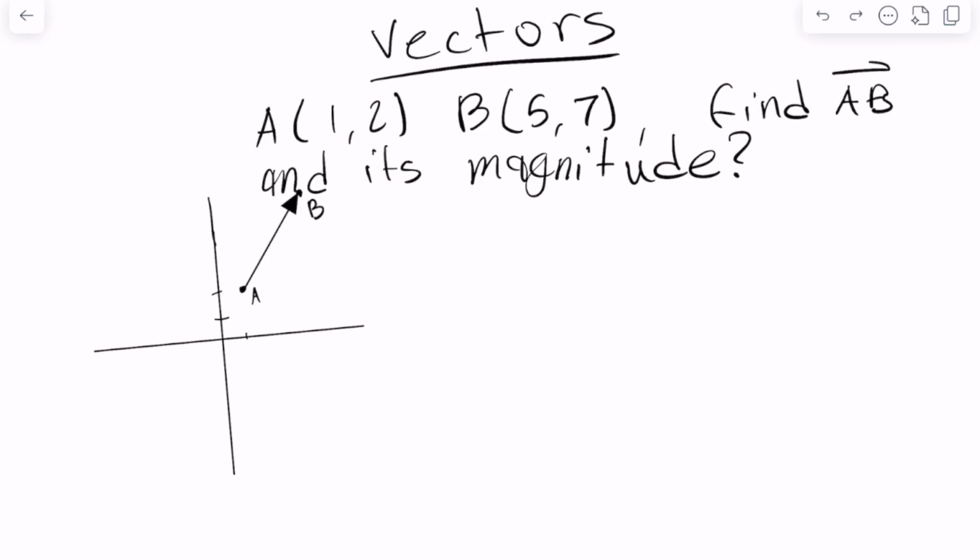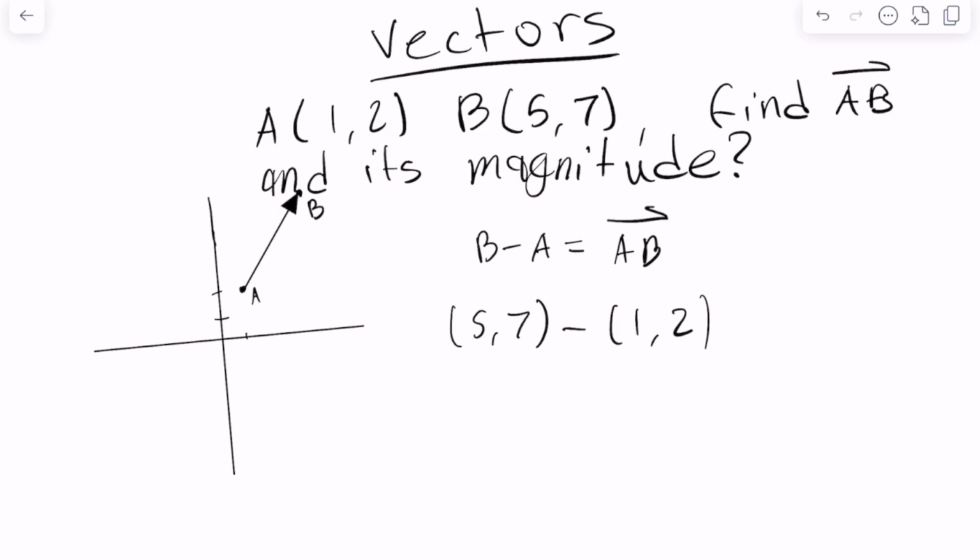So B minus A, point B minus A equals vector AB. Okay, so doing that, we're going to have 5, 7. I'm just plugging in point B minus A, which is 1, 2. Let me just show you where I'm getting these from. I'm simply plugging in point B, which is here, which then goes into the equation. And then we have A, which is here, and we're subtracting it.